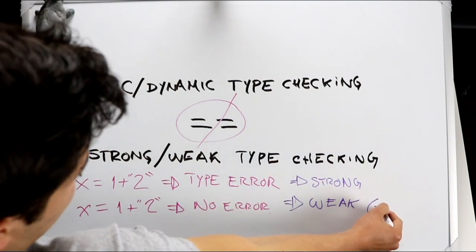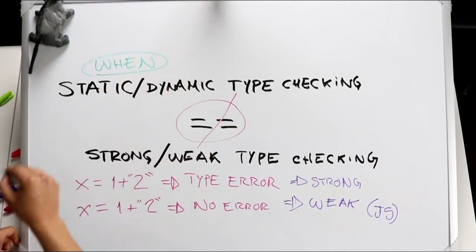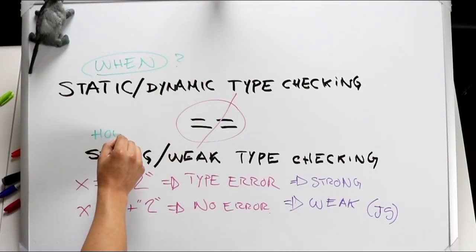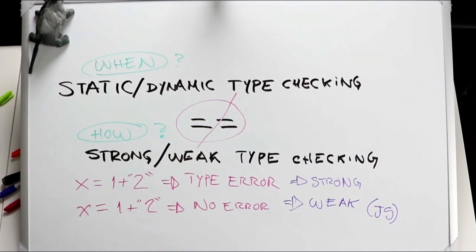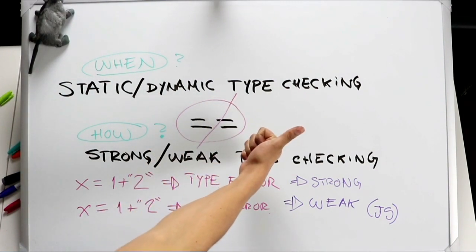JavaScript is an example of a weak typed language. The reason why is that in the first line, there will be a type error thrown because the types of these values are not matching. However, in the second line, because of the implicit type conversion, it is possible to make this operation without any type error. Then we can say that the main difference between these two concepts is when and how. When is the type checking going to be executed? And how strict is the type checking, weak or strong?